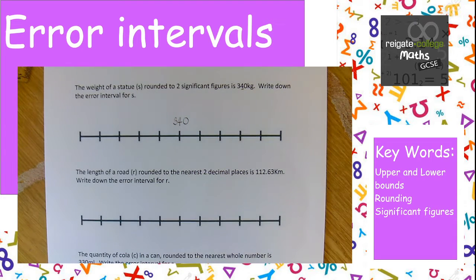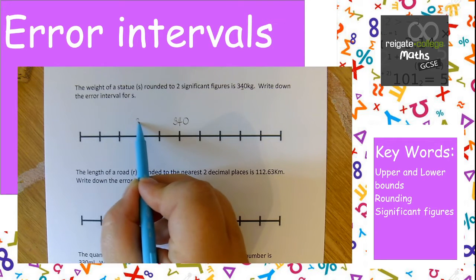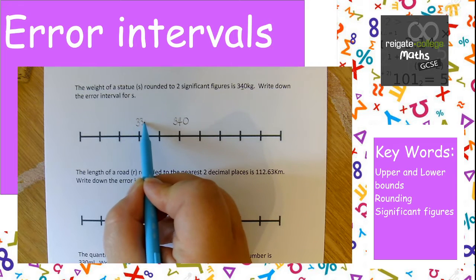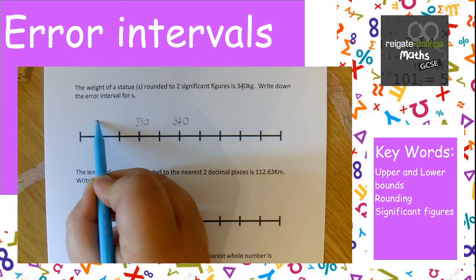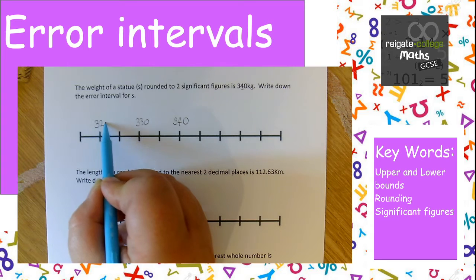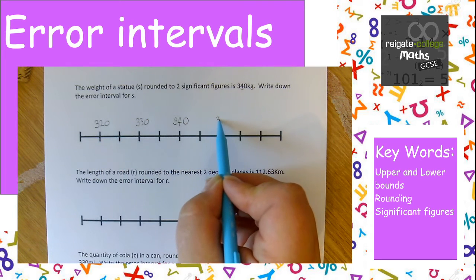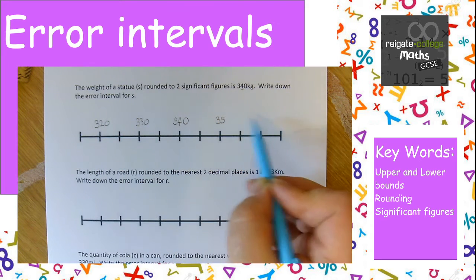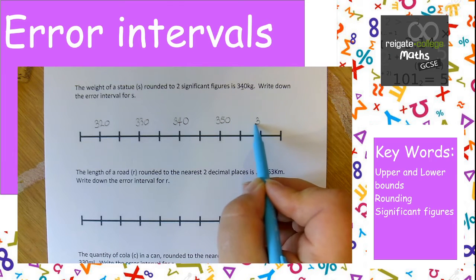340. If we're rounding to the nearest 10, the 10 below would be 330. I could fill in 320, 350 and 360 in the same way.